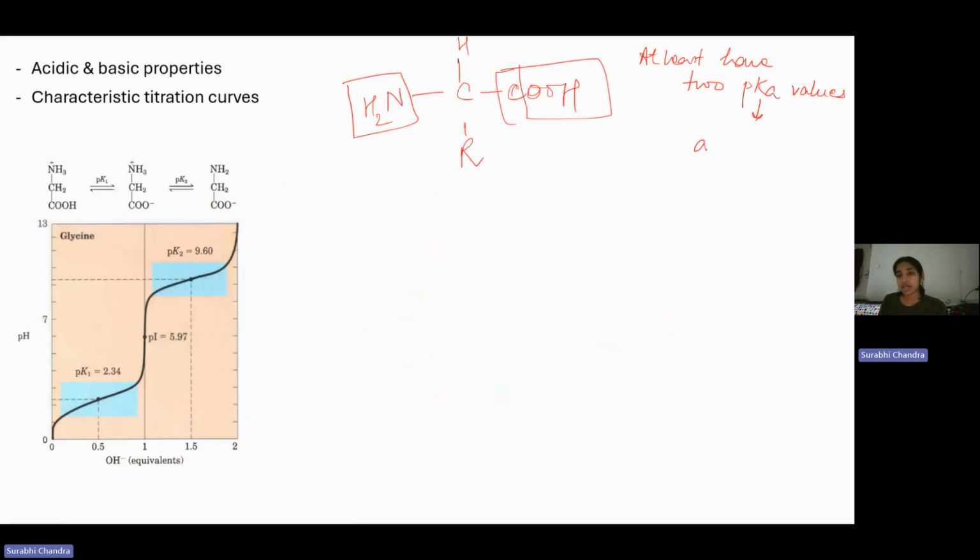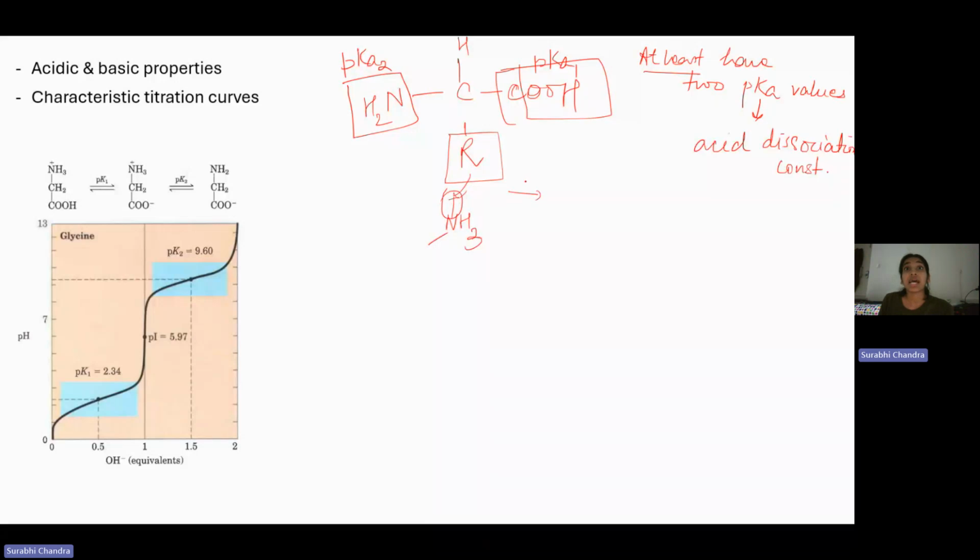pKa is the acid dissociation constant of acids. Suppose this has pKa1 and this has pKa2. Glycine will have just two, and otherwise, depending on the type of R group, positively charged amino acids like arginine will have an additional NH2 or NH3 group present.